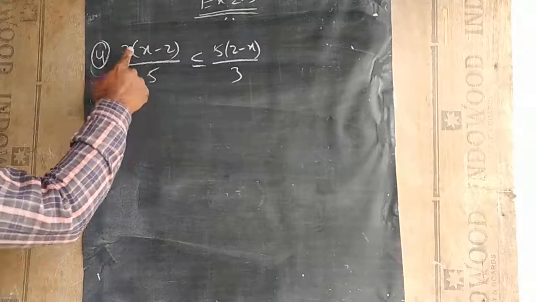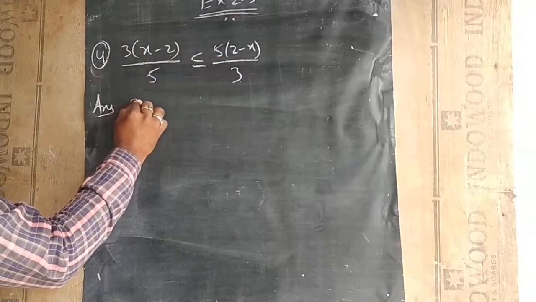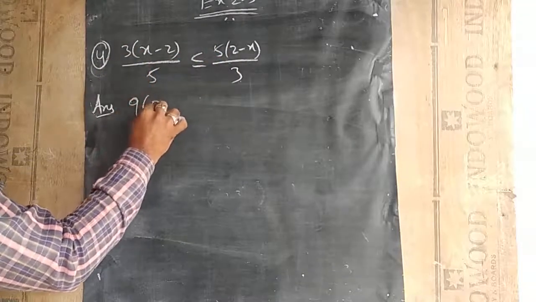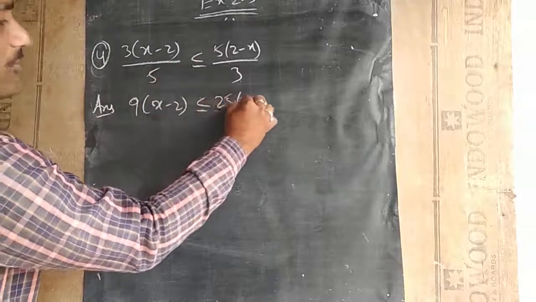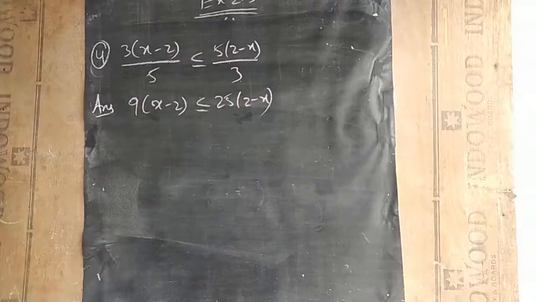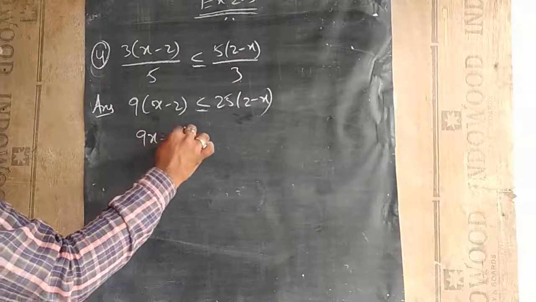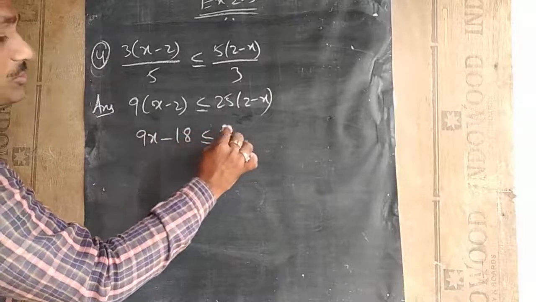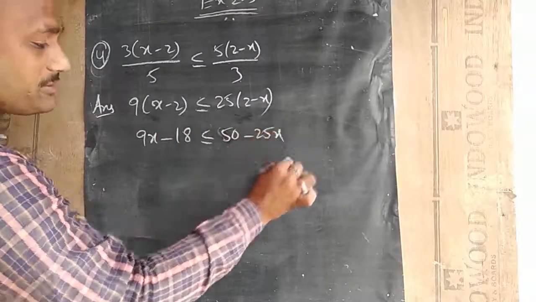Answer. So first let us do cross multiplication. So 3 3s are 9 into x minus 2 is less than or equal to 25 into 2 minus x. So 9x minus 18 is less than or equal to 25 2s, 50 minus 25x.